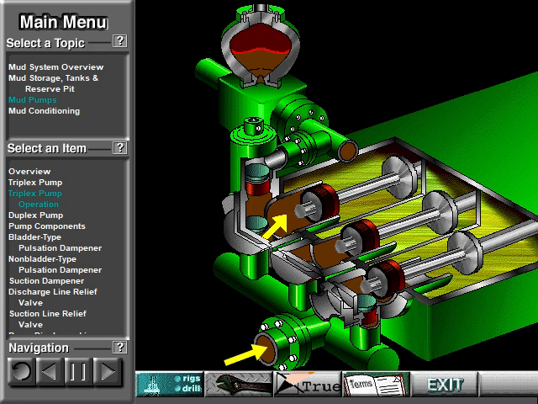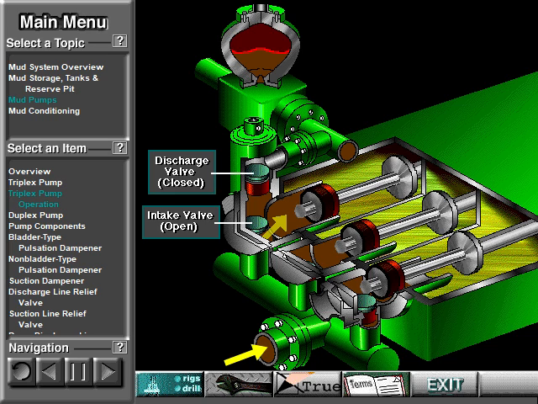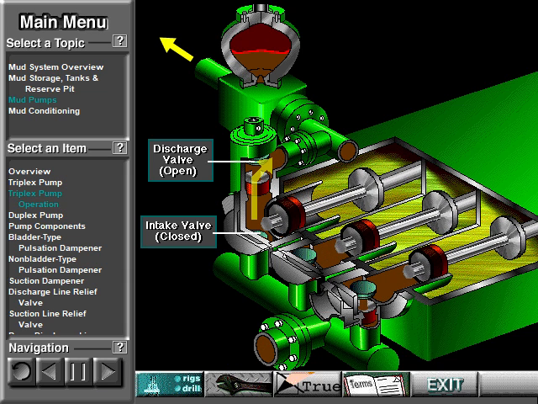The left piston has completed its backstroke, drawing in mud through the open intake valve. As the piston moved back, it lifted the intake valve off its seat and drew mud in. A strong spring holds the discharge valve closed. The left piston has moved forward, pushing mud out through the now open discharge valve.